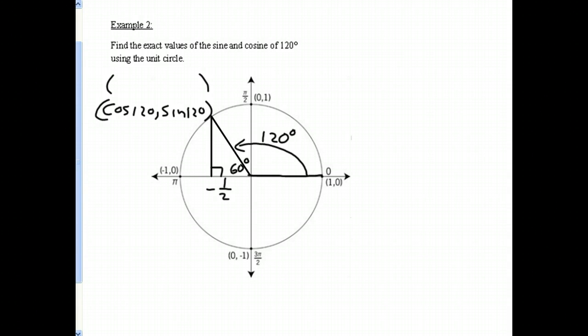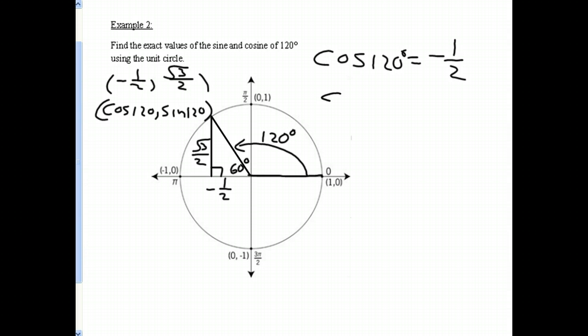But it's negative in the second quadrant, so we get -1/2. And the sine of 60 is the square root of 3 over 2. And that's positive in our second quadrant. And that immediately tells us the cosine of 120 is equal to -1/2. And the sine of 120 degrees is equal to positive the square root of 3 over 2.